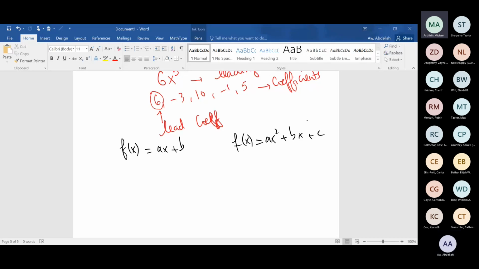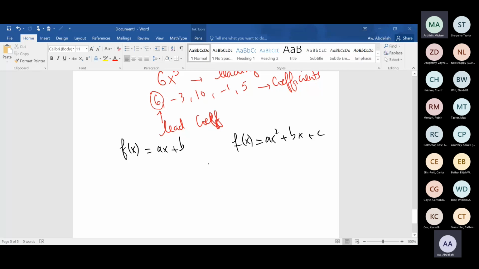Only 26, I think. Only 26 terms, right? Let's say I want to describe a polynomial that has 100 terms. Then A, B, C, D is not enough anymore, right? That is why we prefer to write them this way, for instance.